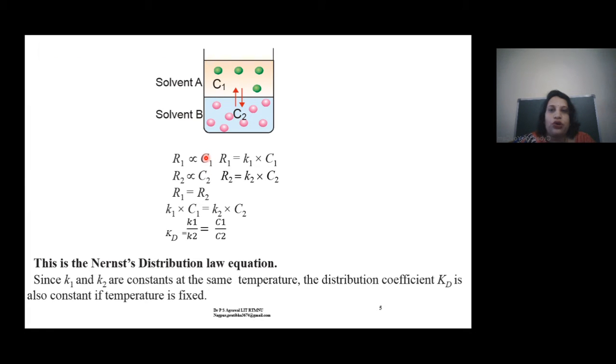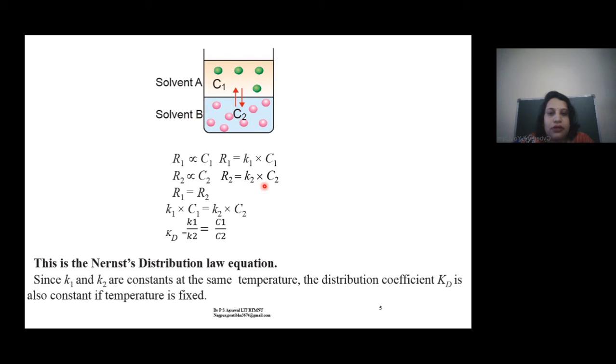Now this is the explanation of the distribution law. This is an equilibrium law. Nernst distribution law is the equilibrium law. When the distribution of solute X has reached dynamic equilibrium, the rate R1 at which molecules of X pass from solvent A to B is proportional to the initial concentration C1 in A. The rate R2 at which molecules in solvent B move to solvent A is proportional to the concentration C2 in solvent B. At equilibrium, both these rates are equal.